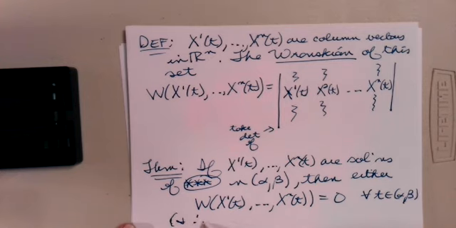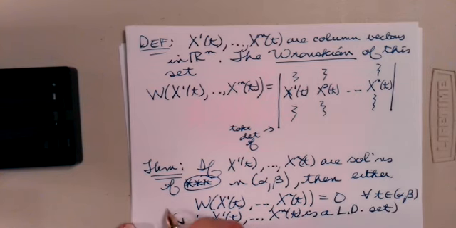and therefore x1 up to xn is a linearly dependent set. So this is one possibility, or the other possibility is it's never 0 for all t in alpha beta.